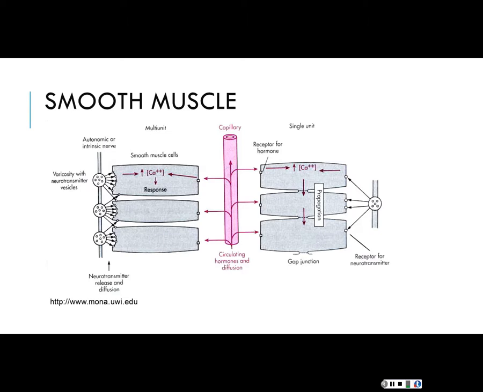They're both types of smooth muscle cells, but their control is different from one another, and their arrangement in the tissue is different from one another. So take a moment and look at the smooth muscle picture between the multi-unit and the single unit smooth muscle cells.